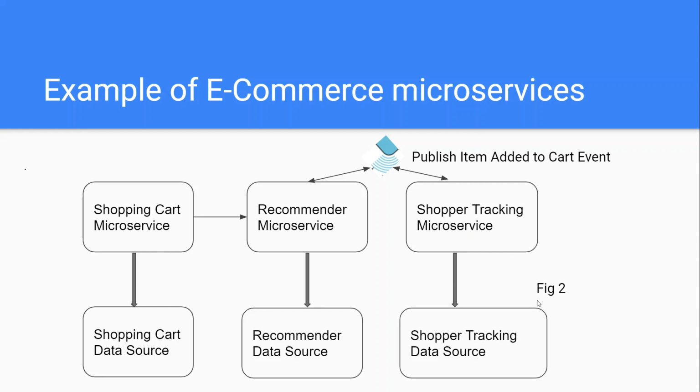The shopper tracking microservice records that the user added the item to their cart in the tracking database. This information may be used later for reporting or for other BI, business intelligence, purposes.